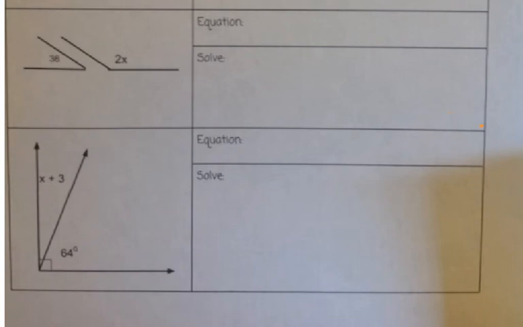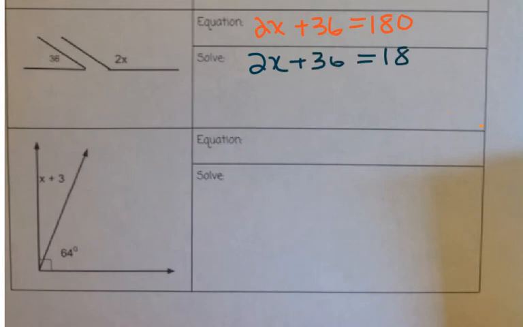That gives us our equation. I'm going to start out with the variable. I'm going to say 2x plus 36 equals 180. Now I'll rewrite that in my work area.